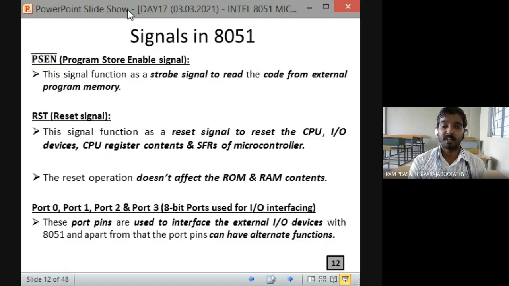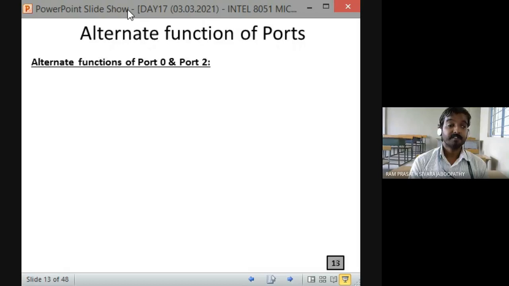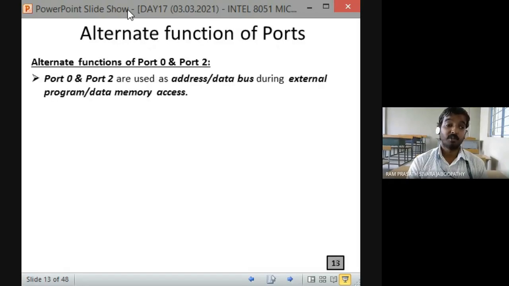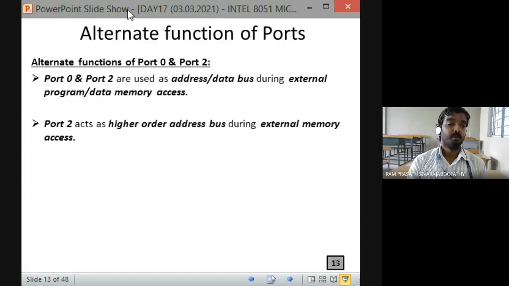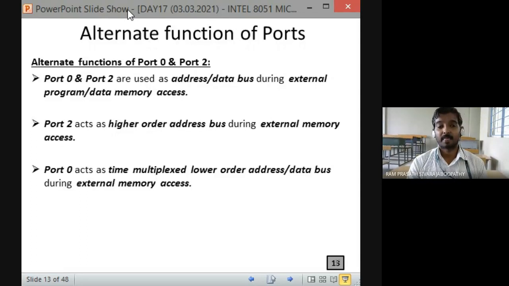Whenever we are accessing external memory, these two ports, port 0 and port 2, have to be sacrificed in your application. Port 0 can be used as the multiplexed address data bus. Port 2 can be used as the higher order address bus. That's all.